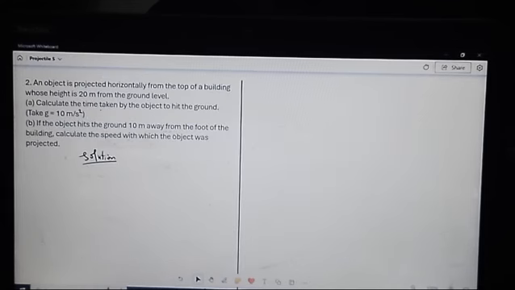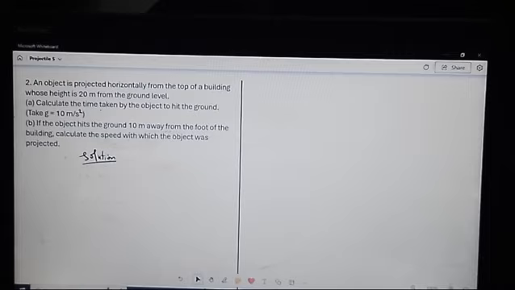In this problem, we have that an object is projected horizontally from the top of a building whose height is 20 meters from the ground level. Calculate the time taken by the object to hit the ground. G is given as 10 meters per second square. Then the next question is, if the object hits the ground 10 meters away from the foot of the building, calculate the speed with which the object was projected.